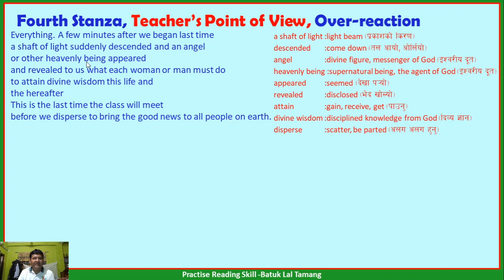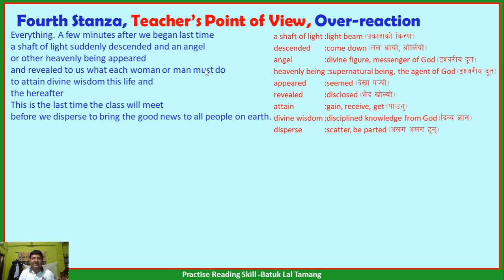The other heavenly being means a supernatural being, or the thing that came from heaven, that is called a heavenly being. That may also be an agent of God, a messenger of God, Ishwariya Dut or Devadut, that appeared. Here, the teacher himself is considered the messenger of God, a person with supernatural power who can make the life of a student.